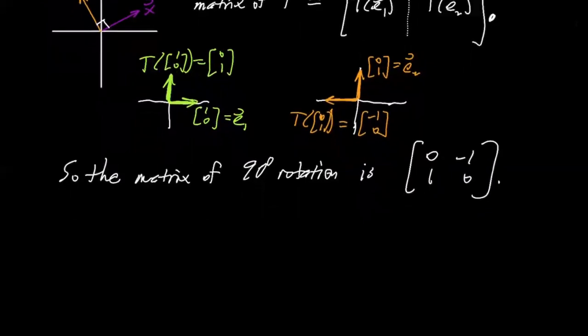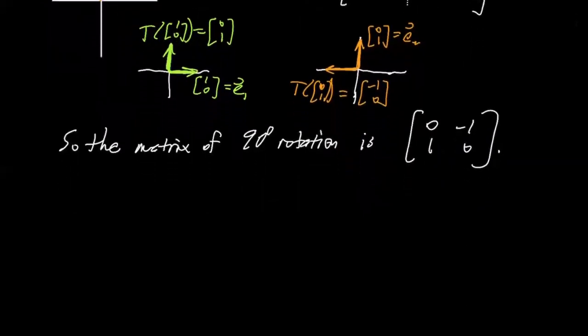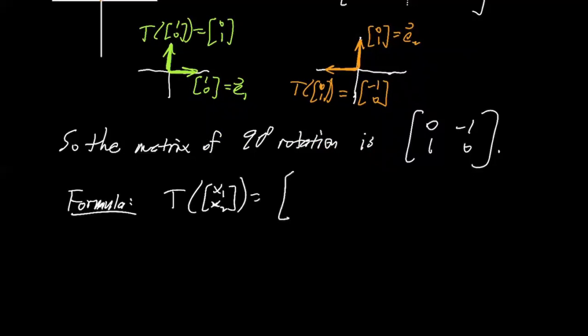I will say that it's worth mentioning that you can also get the full formula, right? The formula, which you might be able to get from geometric analysis, is that if I want to actually know what this does to a general vector, we can multiply by this. And remember, there's different ways to multiply matrices.